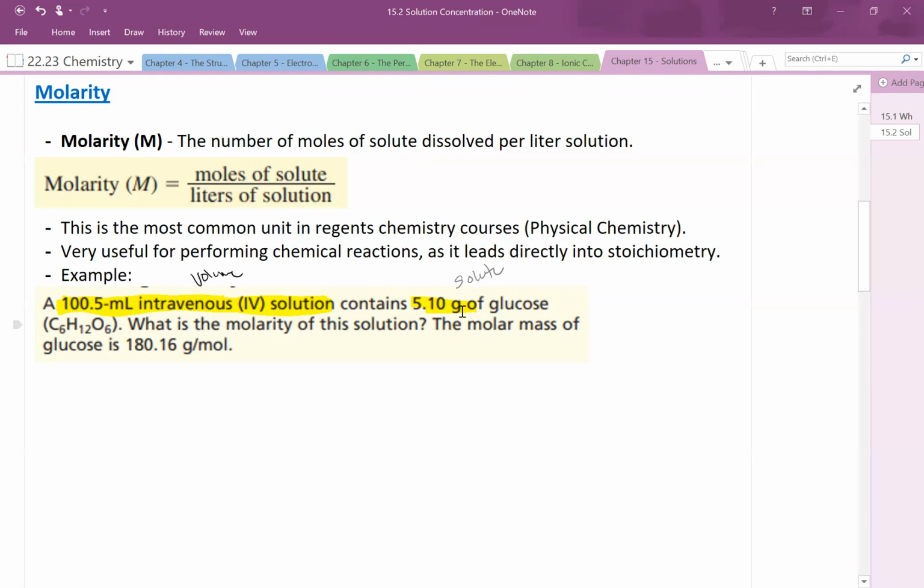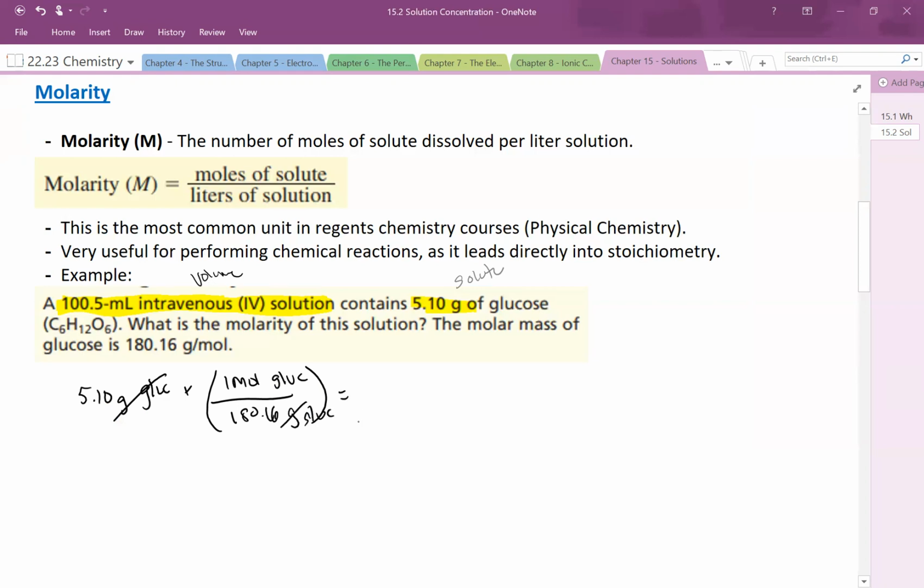Okay, so I need to calculate how many moles of solute I have in my total volume. Well, with the skills we've done throughout our stoichiometry units, this will not be too crazy. I start with my 5.10 grams of glucose. I multiply that by the molar mass, right? 1 mole of glucose has a mass of 180.16 grams. My grams of glucose cancel, and I'm left with moles.